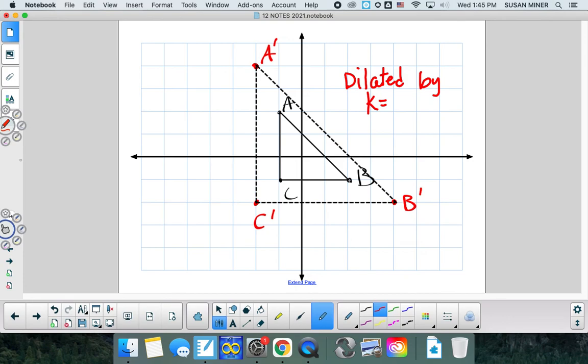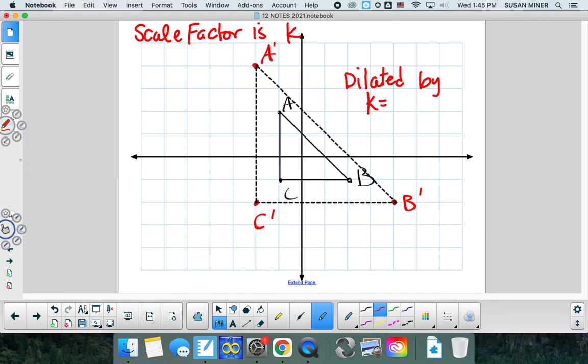So I can say, maybe this is a good note to have, scale factor is k. If you see k equals something, that's our scale factor. So sometimes we even refer to it as the k factor. You'll hear me kind of say that in class sometimes. So scale factor is k.